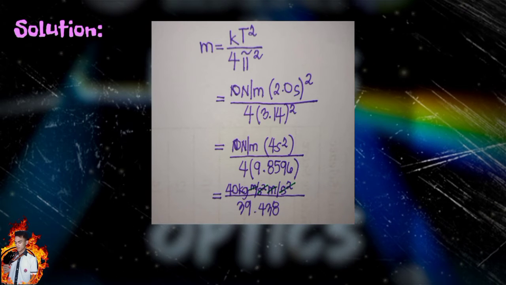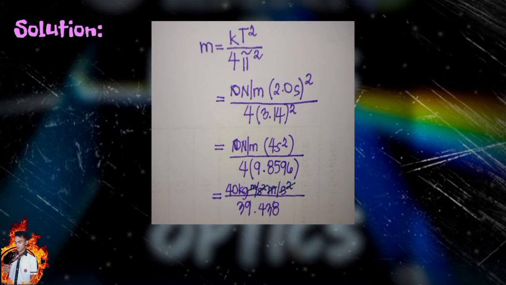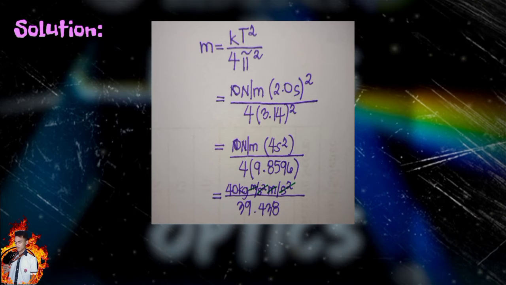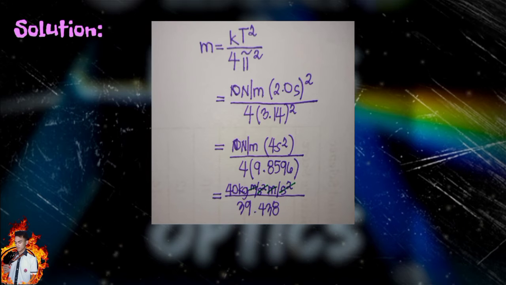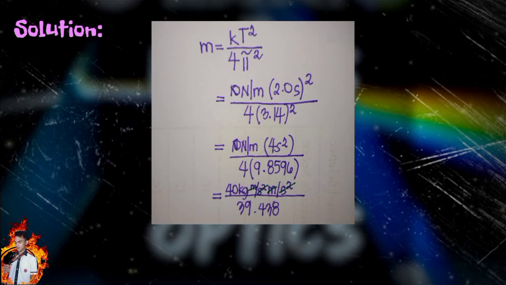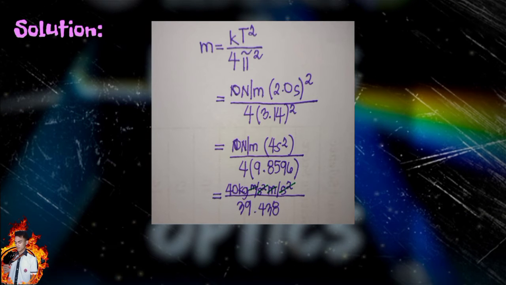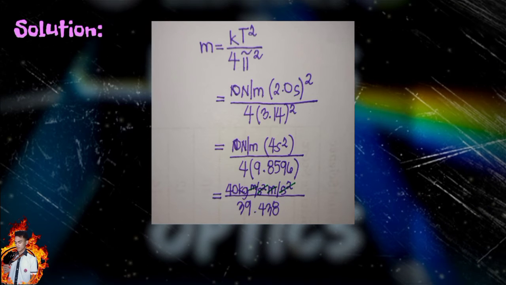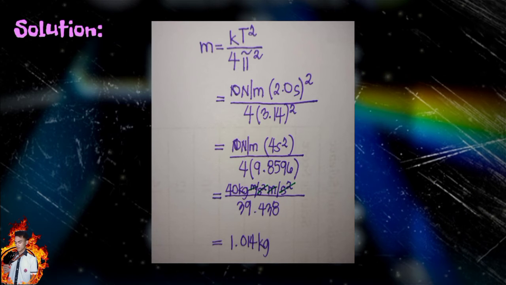Since Newton is a derived quantity, I use the expression in terms of SI base units, which is the kilogram meter per second squared. 10 multiplied by 4 is equal to 40, and 4 multiplied by 9.8596 is equal to 39.438. Cancel the meter and the second squared. 40 divided by 39.438 is equal to 1.014 kilogram.